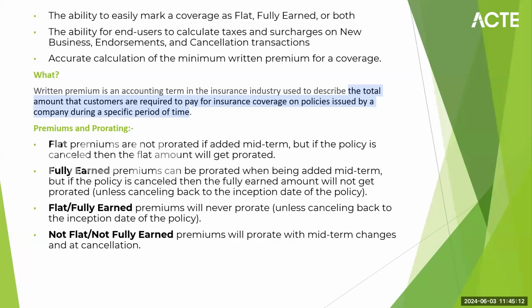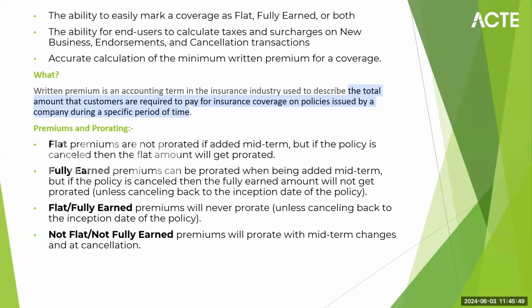Suppose a customer has taken the policy for 1 year. Now the customer wants to cancel the particular insurance after 6 months. Still 6 months are remaining, so whatever premium is there for those 6 months, the customer has not yet used it.